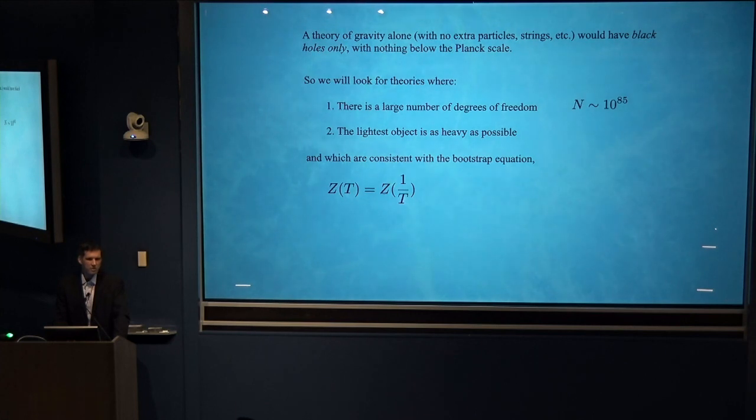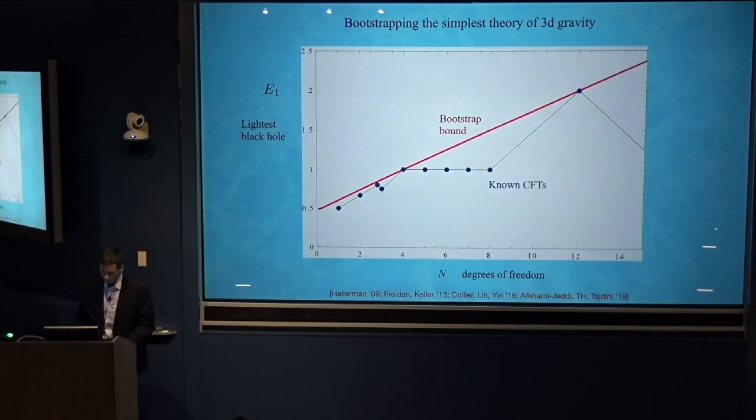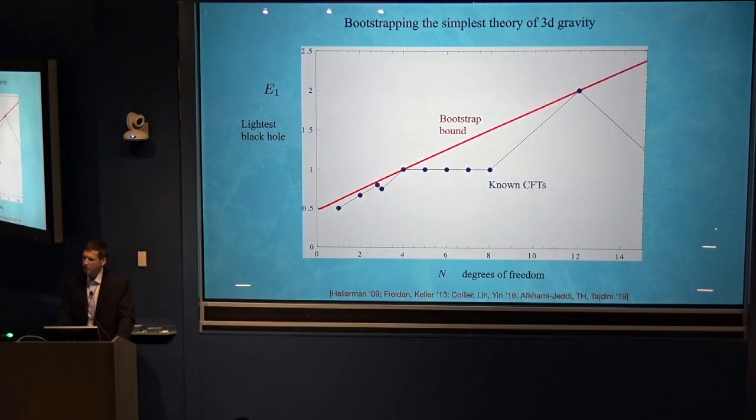And what those methods can do is they can tell you what kinds of functions can satisfy these properties. So that's what the computational methods are for. And so I'm not going to go through how that's done, but the upshot is that you can put this problem on a computer, and now you can bootstrap on a computer the simplest theory of three-dimensional gravity.